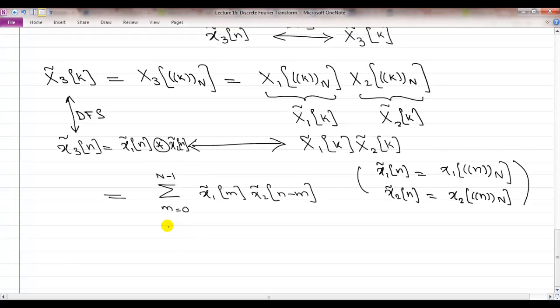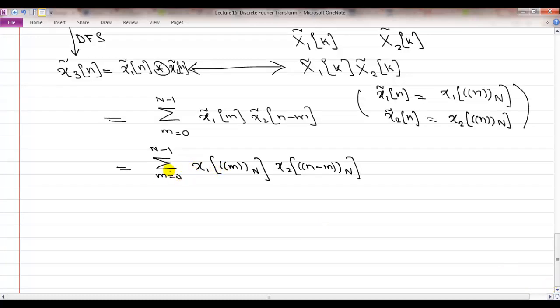So we just plug those values in. We get the summation over m equals 0 to N minus 1 of x1 of m mod N and x2 of n minus m mod N.